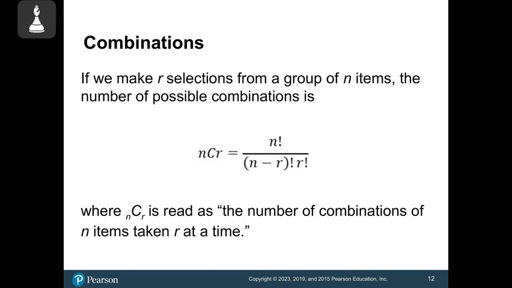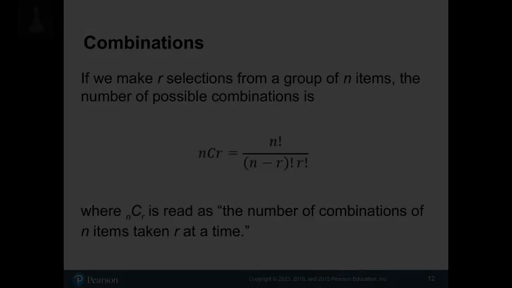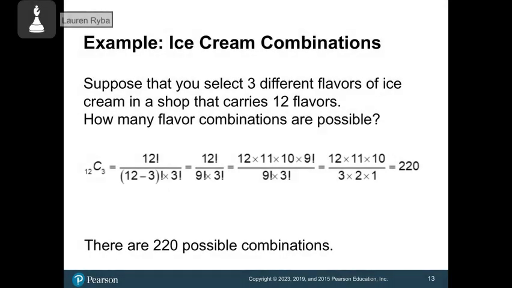Let's look at an example. Suppose that you select 3 different flavors of ice cream in a shop that carries 12 flavors. So let's say you're putting it in a bowl. If you're putting 3 scoops in a bowl, it doesn't matter which scoop goes first. I'm going to have all 3 scoops in my bowl. I want to know how many flavor combinations are possible. Well, combinations, I'm going to use my combination here. I have 12.